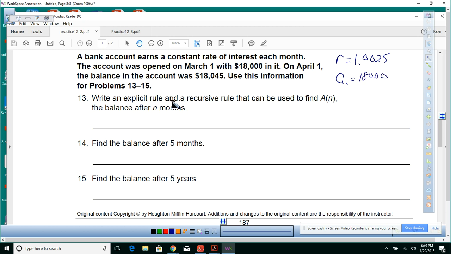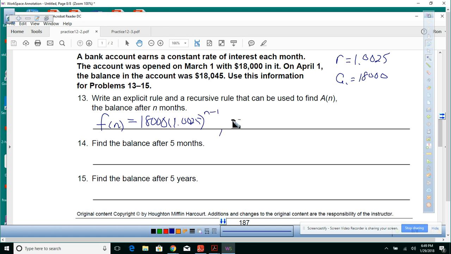All right, and write an explicit rule. So f of n equals, that would be 18,000 times 1.0025 to the n minus 1.